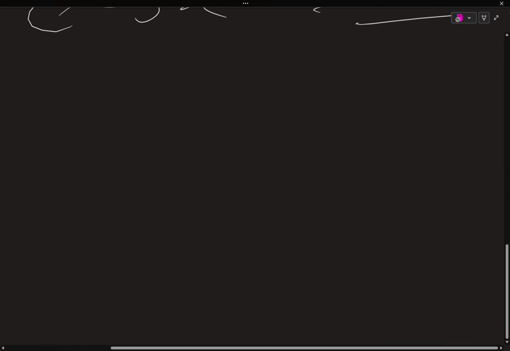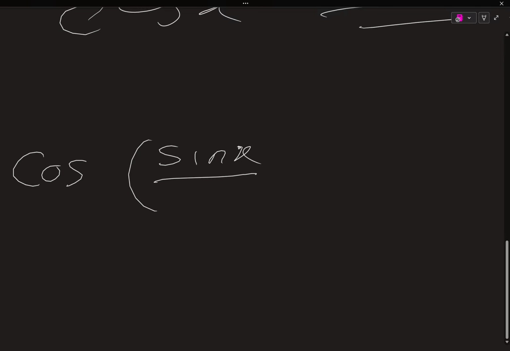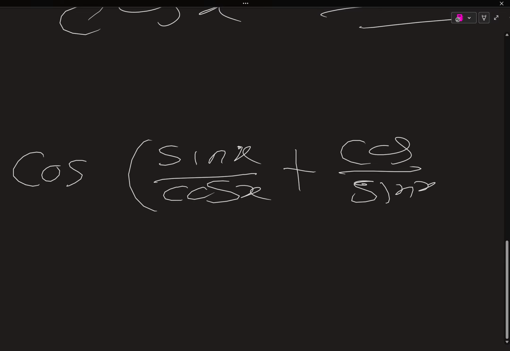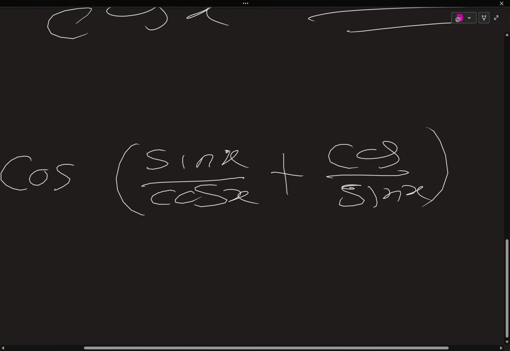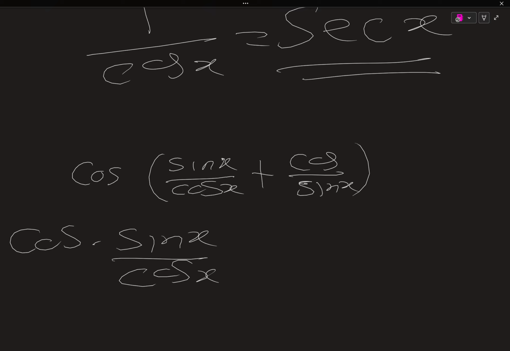So we can simply say cos multiplied by what was in the bracket, which was sin x over cos x plus cos x over sin x, right? So let us multiply. Our first one will be cos x multiplied by sin x over cos, right?